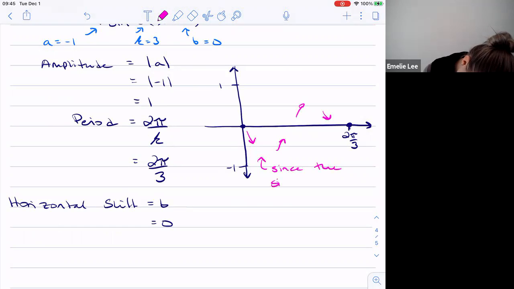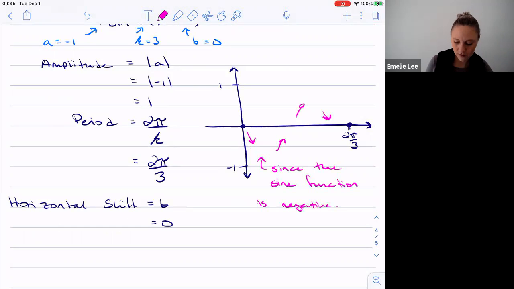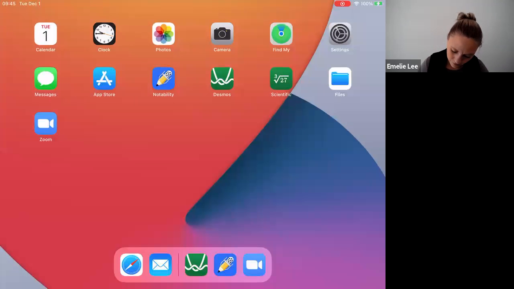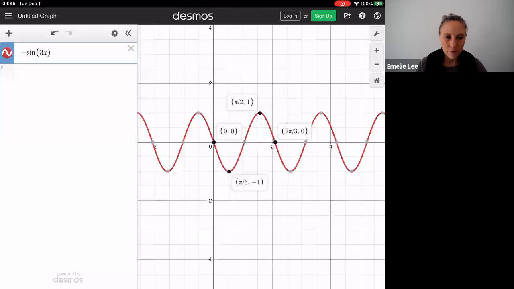Since the sine function is negative, pi over 6, pi over 2, and then 2 pi over 3. But notice the height. The amplitude is 1, and then it goes down to -1 because it's the same.